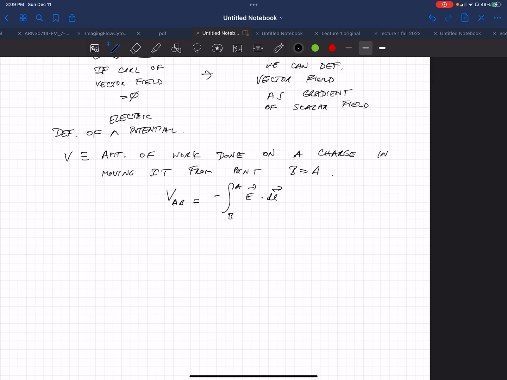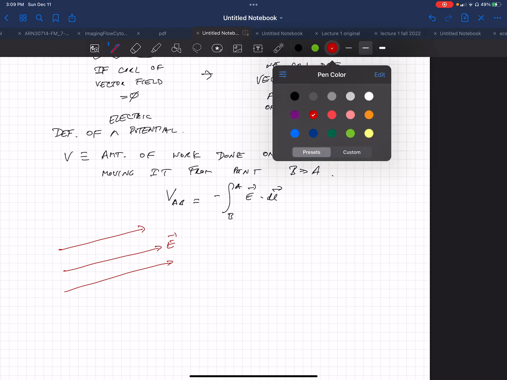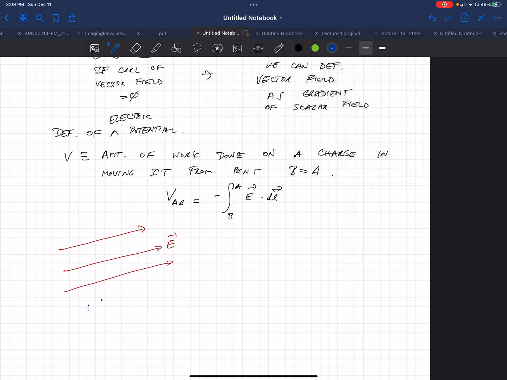So let's say you have electric fields going like that. Then we have a charge at a location B, and we want to take that charge to location A. Let's say we took a funky route to get there.